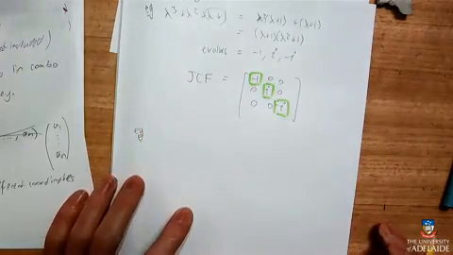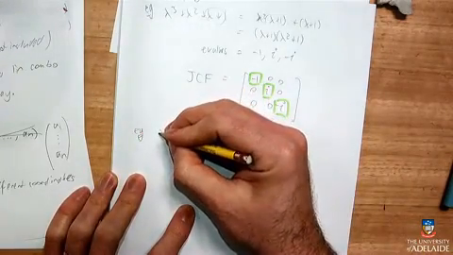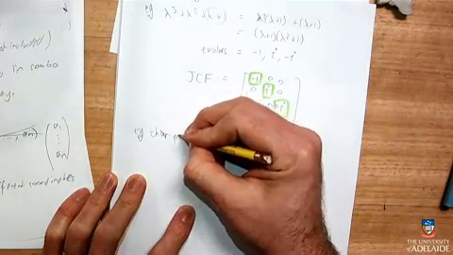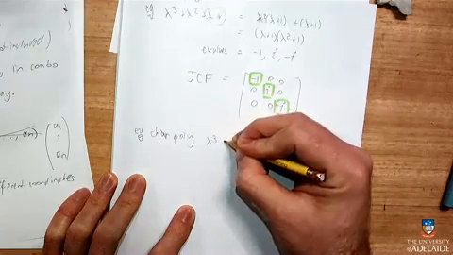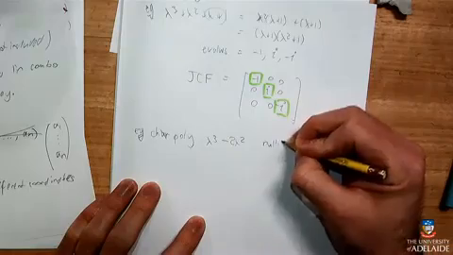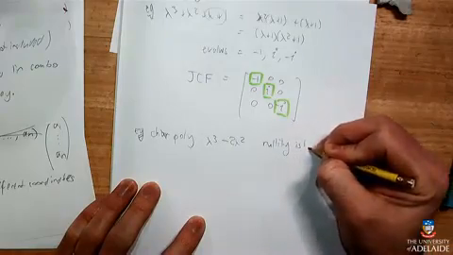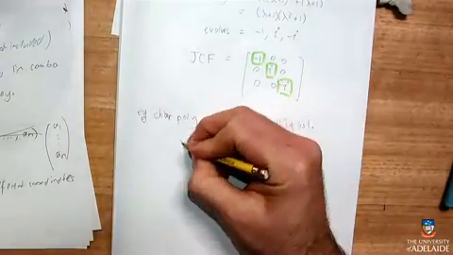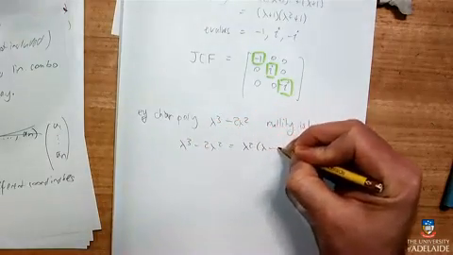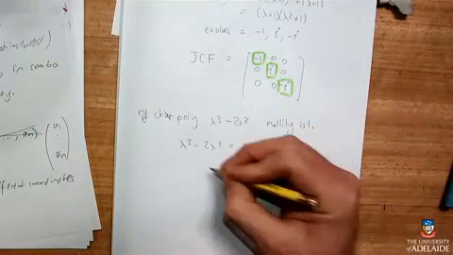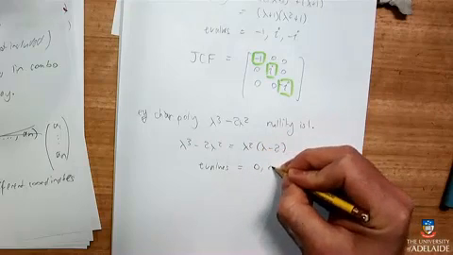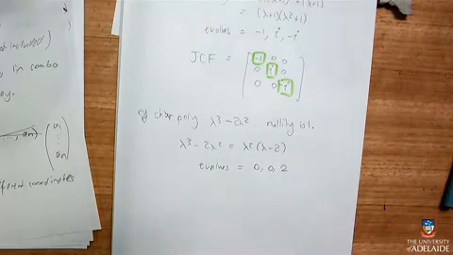And so this second one, we've got characteristic polynomial lambda cubed minus 2 lambda squared, which is lambda squared times lambda minus 2, and so the eigenvalues are 0 and 0 and 2.